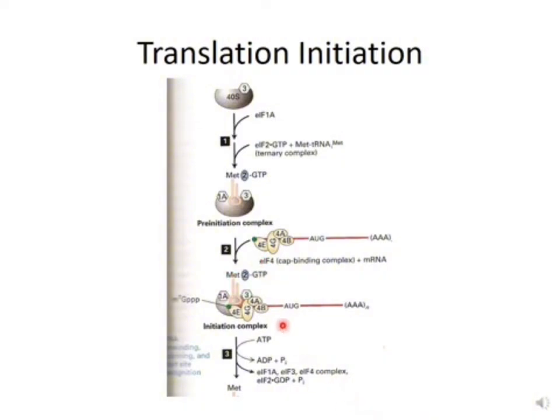However, once these are bound, ATP is hydrolyzed to ADP, and EIF1A, EIF3, EIF4 complex, and EIF2 GDP, because the GTP is hydrolyzed into GDP plus phosphate group, are all hydrolyzed once this AUG sequence is recognized by the tRNAi methionine that is bound on the smaller RNA subunit.